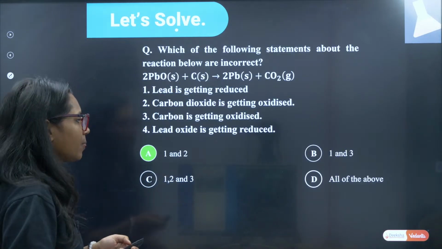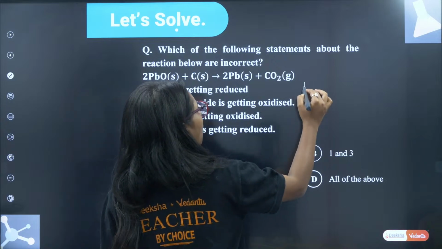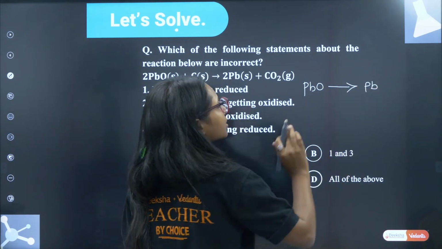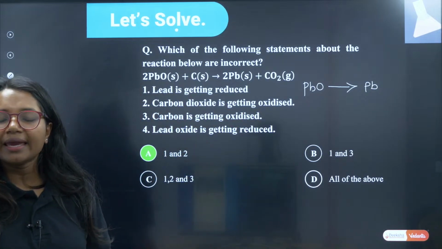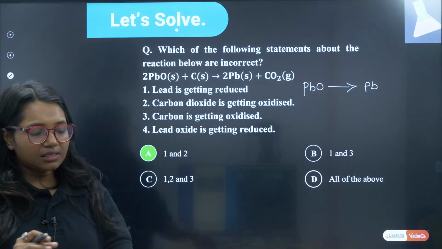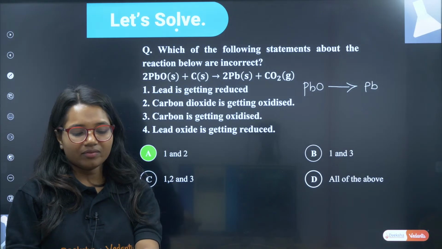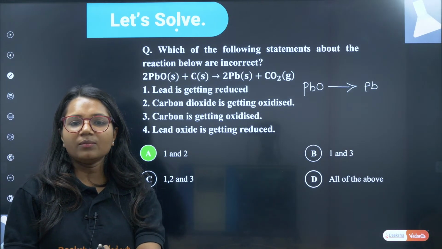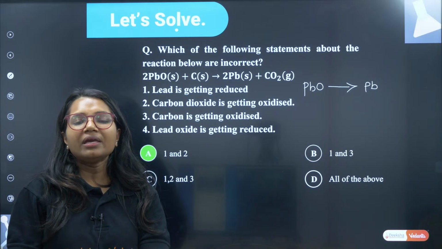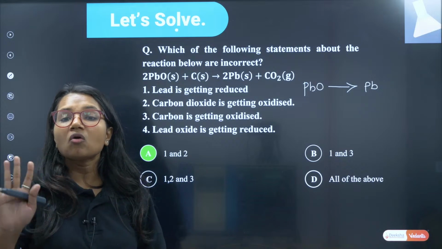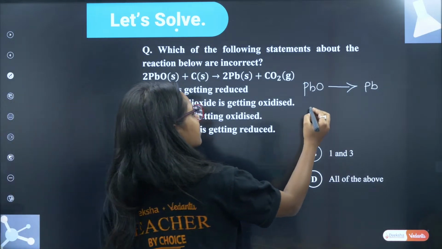Just have a look here. PbO2 is converting into lead. Can you tell me what we are doing here? We are removing the oxygen, correct?